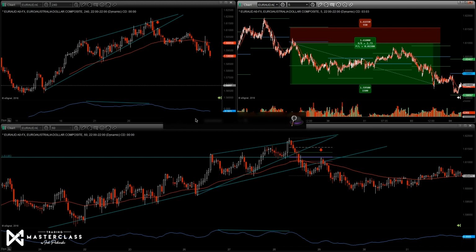So let's even get our pip value. $500 divided by 55 pips is $9 per pip. So the target was 150 pips times $9. So I would have made 1,350 if my account size was 50 grand. So a pretty good chunk.